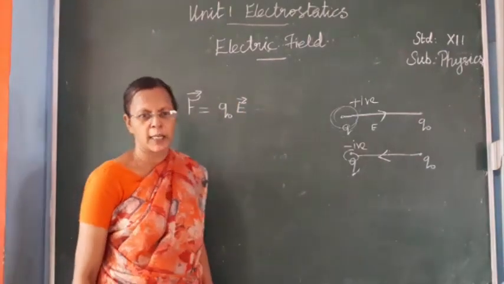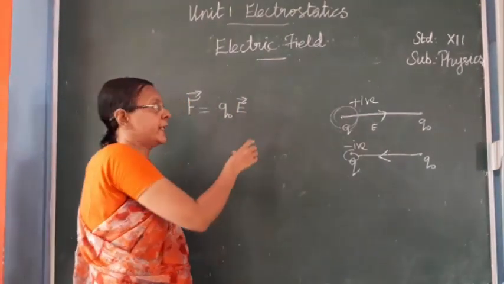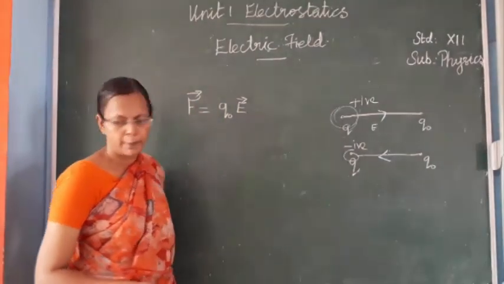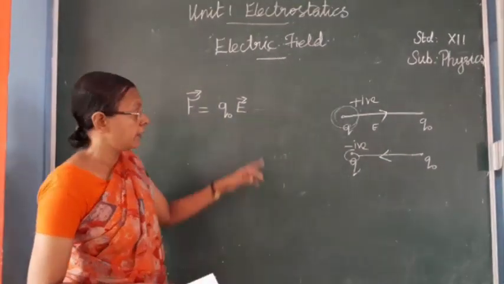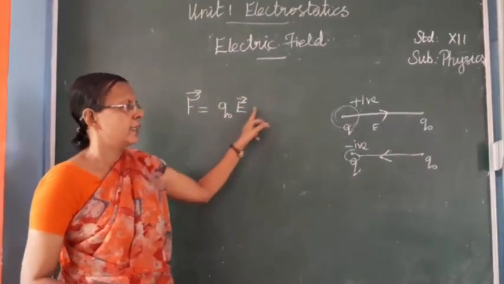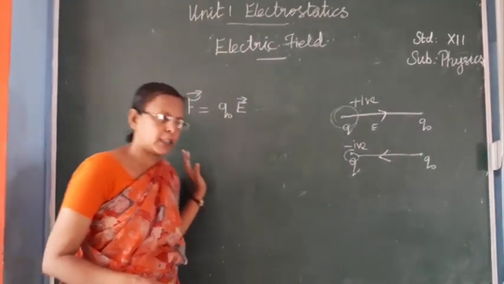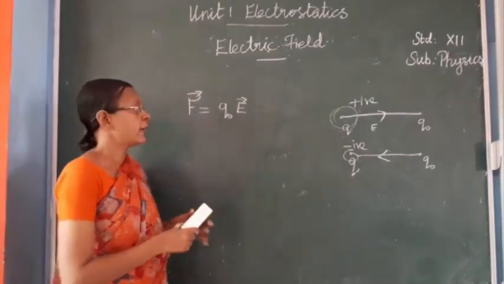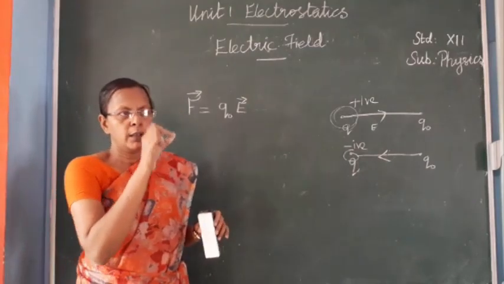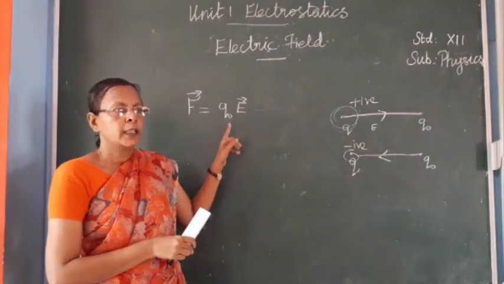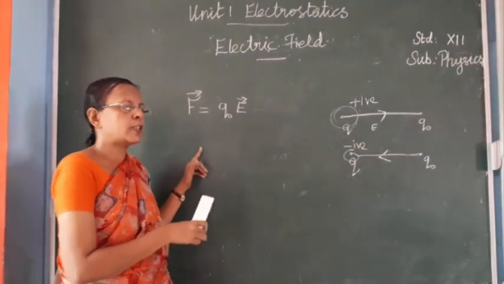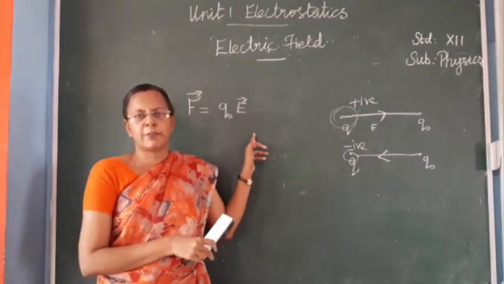This is the second aspect. This is the force experienced by this Q. This F equal to Q0 E vector is Coulomb's law in terms of electric field. The second aspect is called Coulomb's law in terms of electric field.